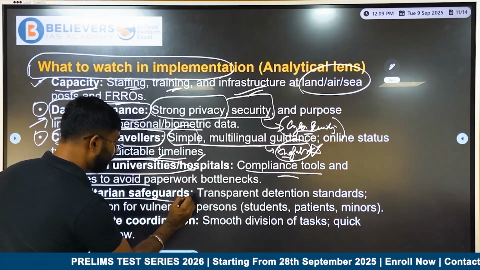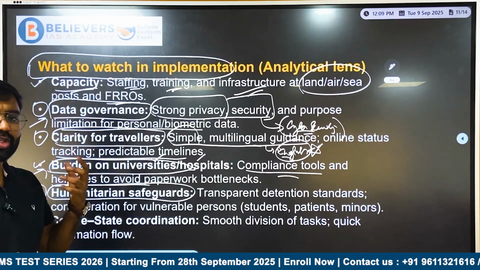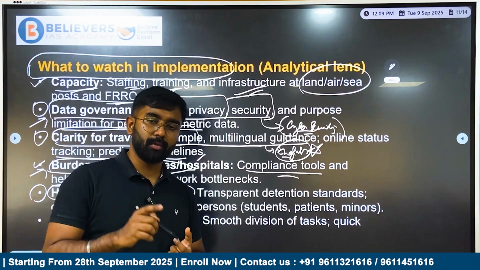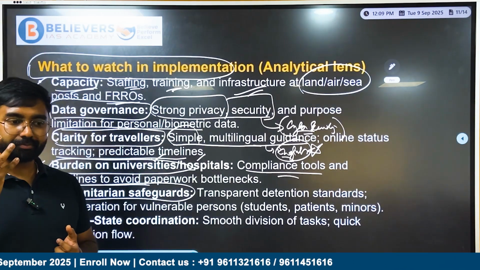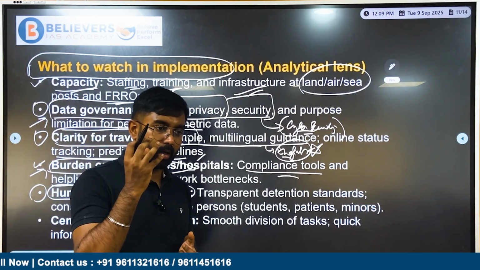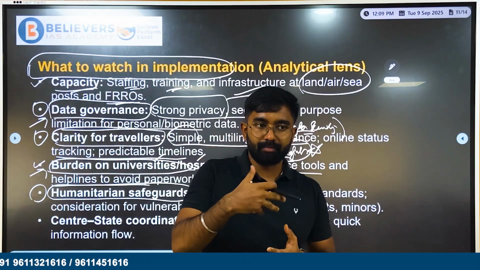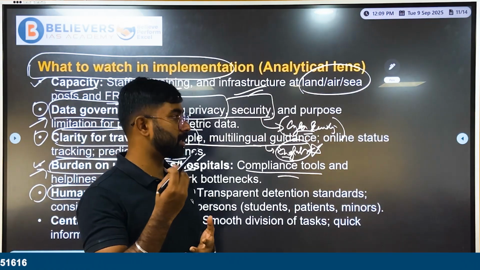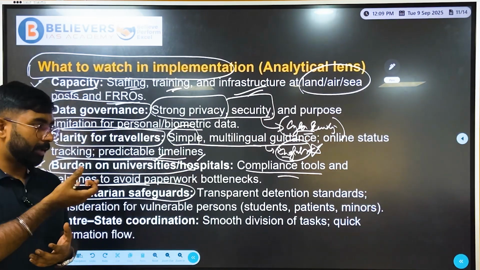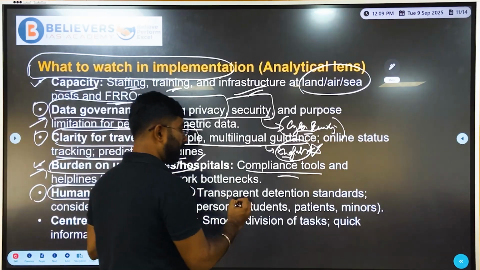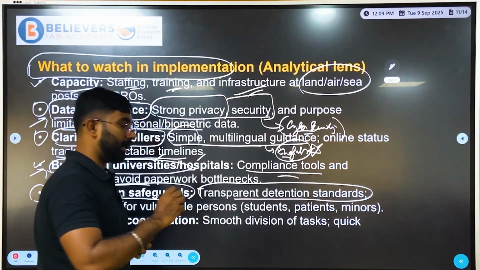Then humanitarian safeguards, because we're talking about stringent punishments, even for something as simple as giving fake documents, or a person overstaying his prescribed time limit, right? The punishments are very stringent.